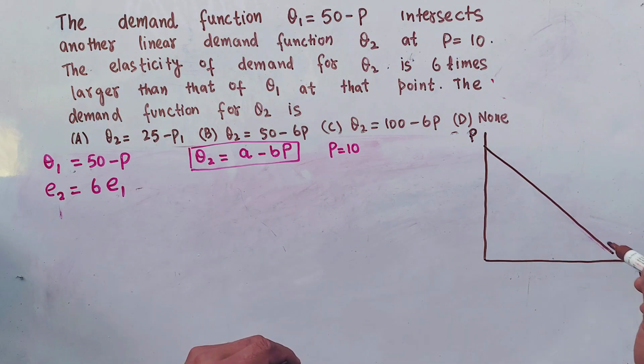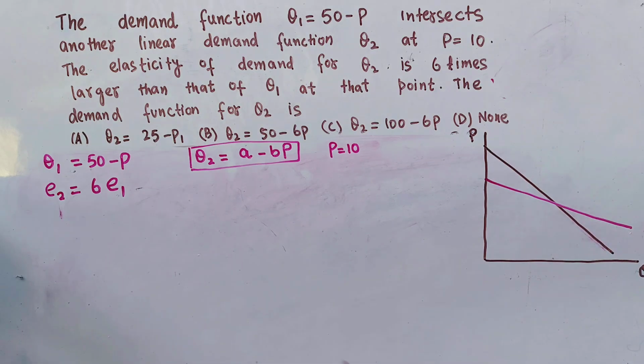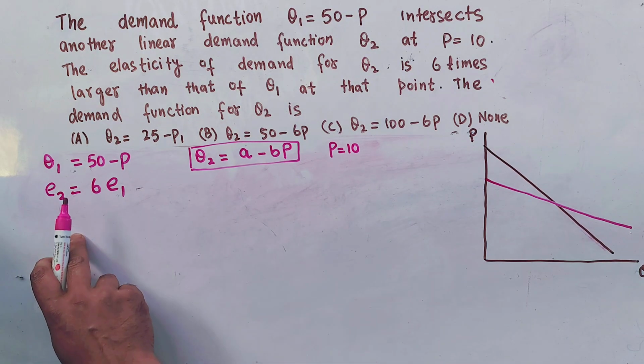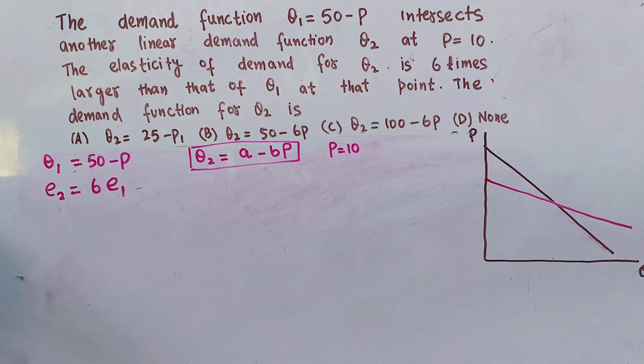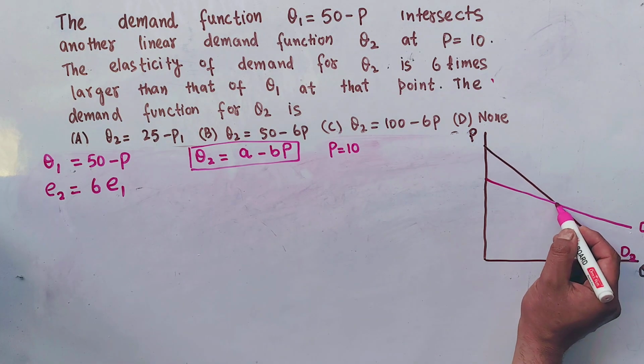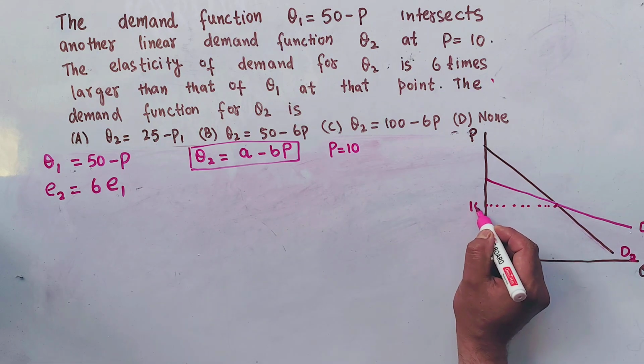Let us say this is the demand function for good Q2 and this is the demand function for good Q1. So these two demand functions intersect at a price of $10.